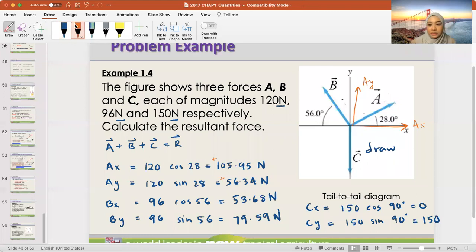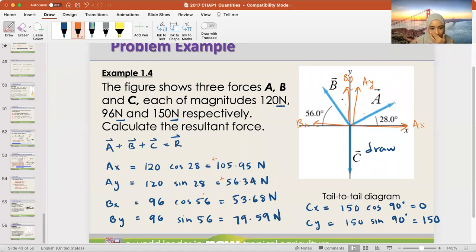Okay, so let's take a look at A, and AX is to the right and AY is going up. So it looks correct here. What we got here is positive and positive. And for B, remember the components must be sandwiching the vector. Terkepit lah, maksud terkepit. So BY is here and BX is over here.